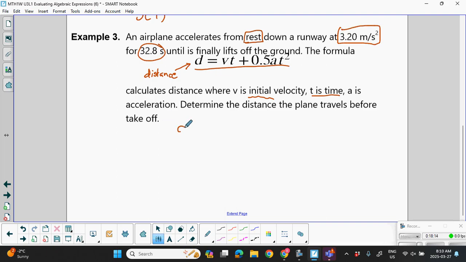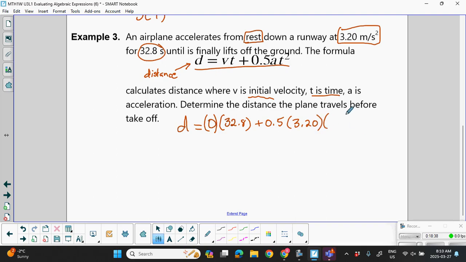So this formula has quite a few variables in it. So v is 0, t is 32.8, plus 0.5 times a, which remember was our acceleration, which is 3.20.